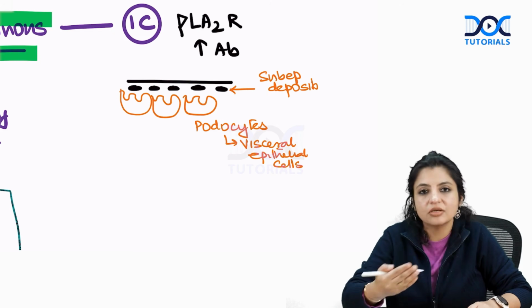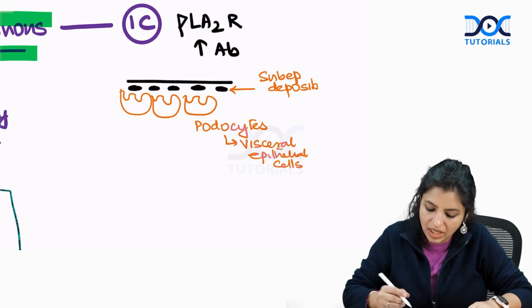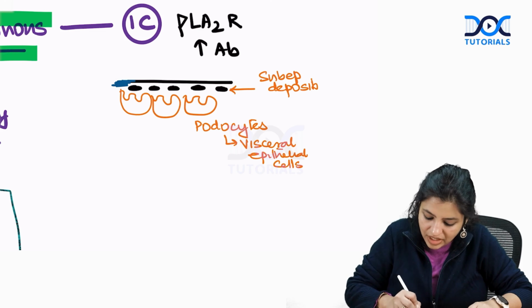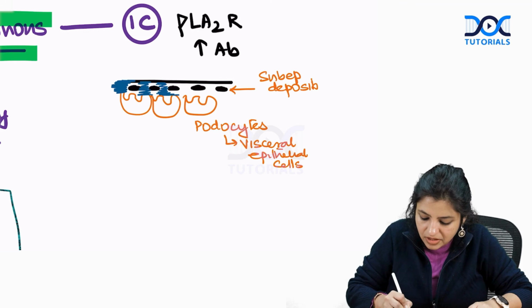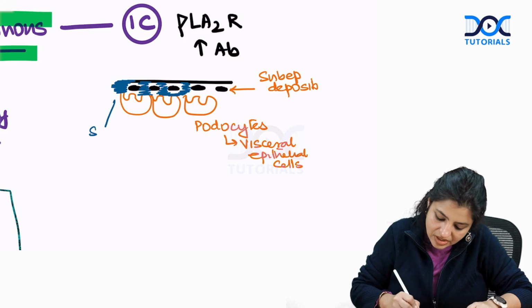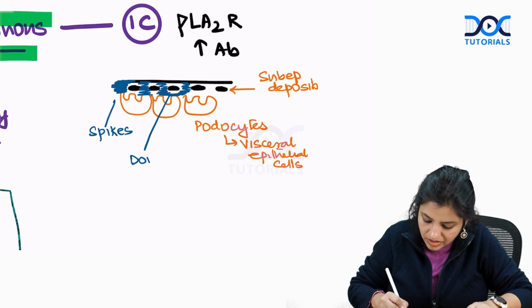To protect the podocytes from falling down, the basement membrane starts proliferating to reach the podocytes. In a view, it comes either as spikes or it can form domes.